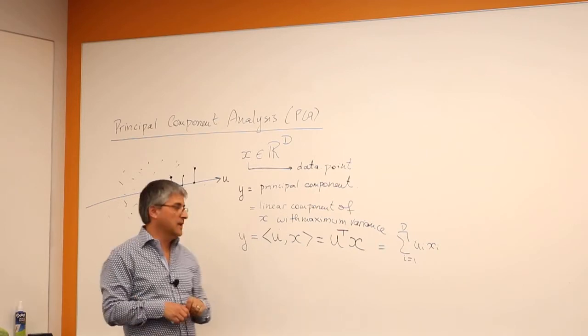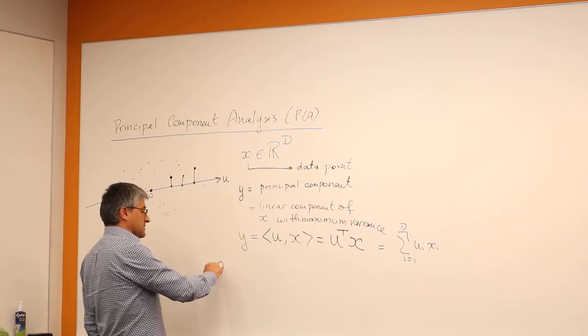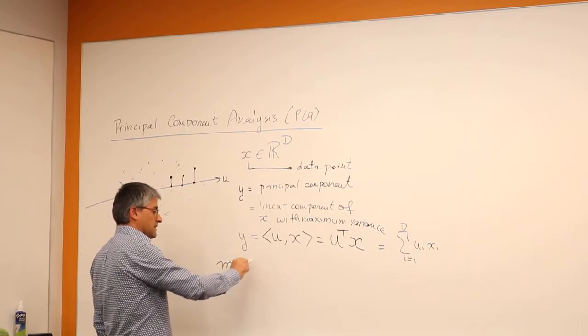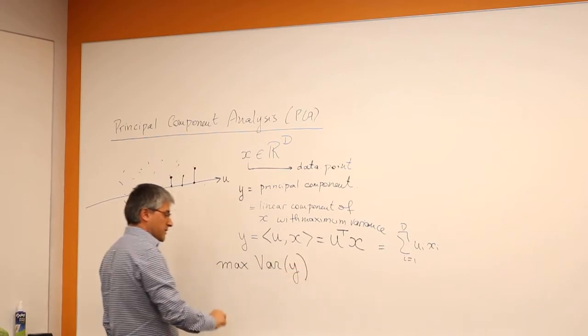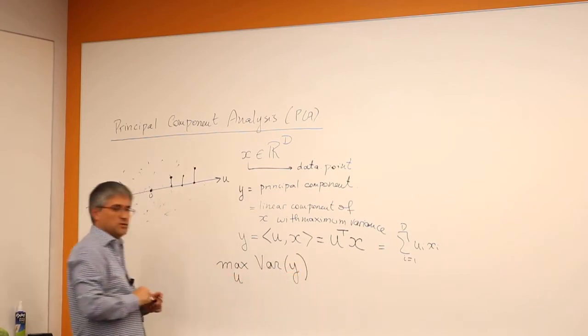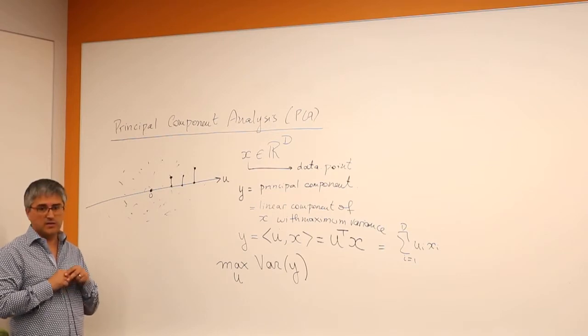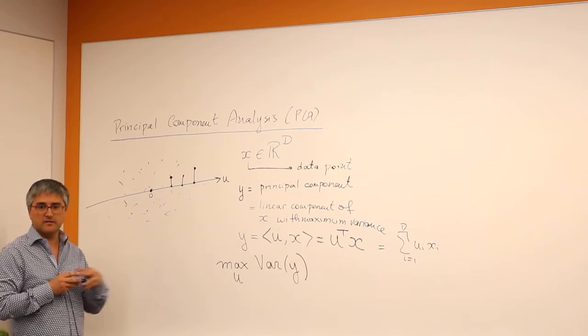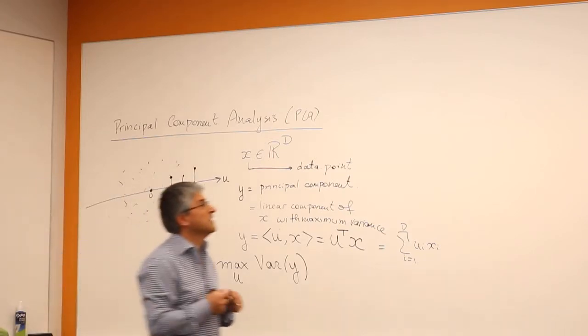That's the definition. So what I need to do is maximize the variance of y with respect to the choice of the direction u. So find the component that has the largest variance. So that's what I did. Is it clear so far? So far so good? Good.